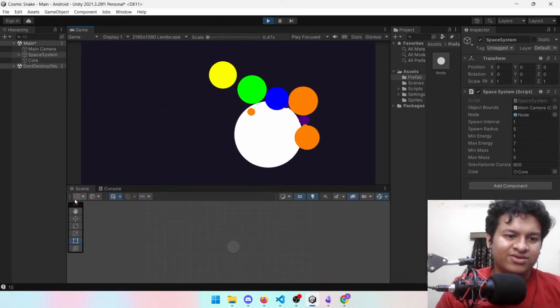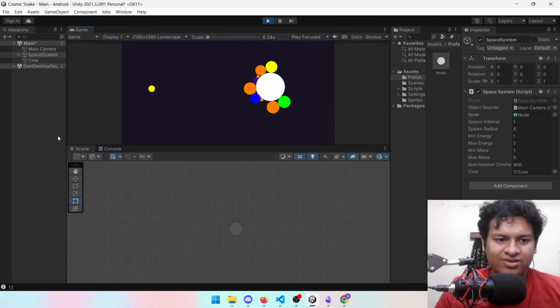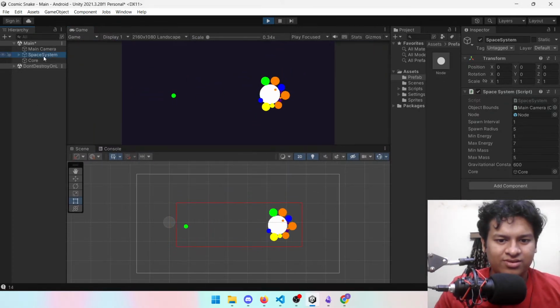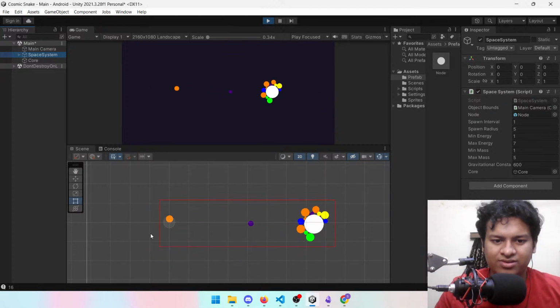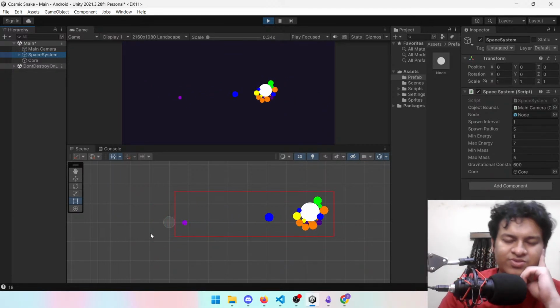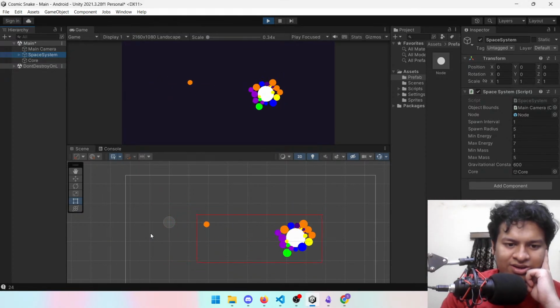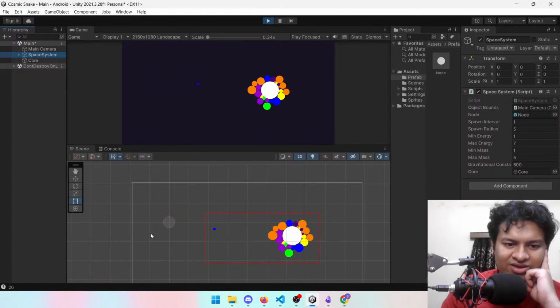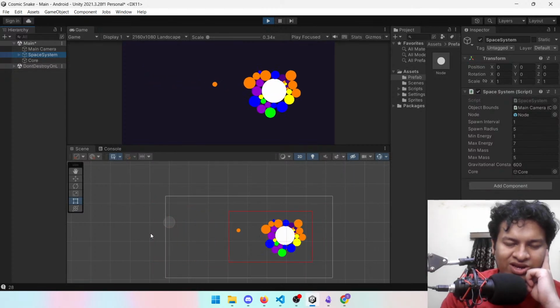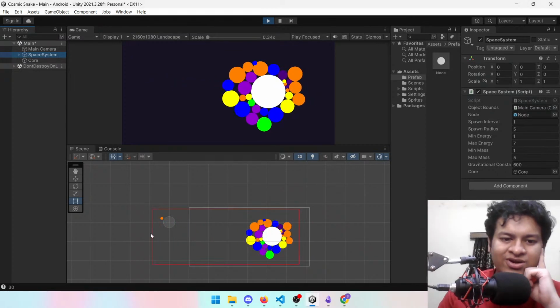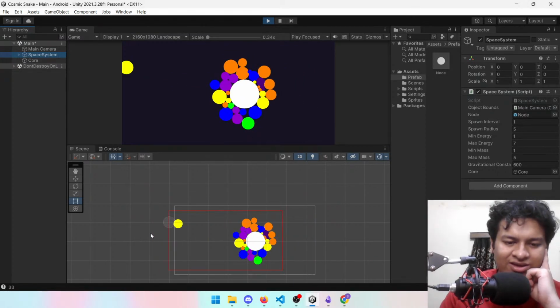It's better to look at the same view. It's being spawned slowly. Doesn't matter if the location is not far away. It's probably applying force, but that force is not enough because it's getting pulled into the thing.